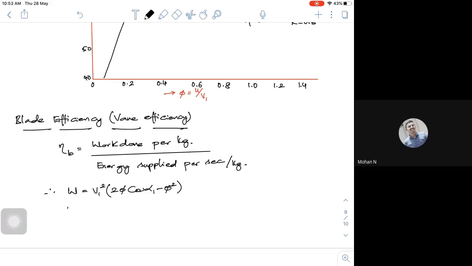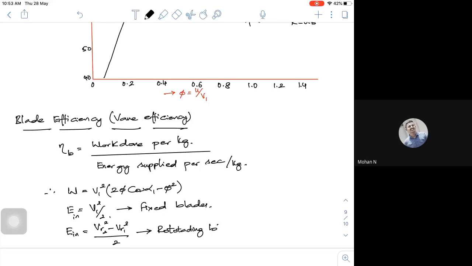This is actually your V1 square by 2. What is the energy input to the rotor blades? See, this is the energy input in the fixed blades. What is the energy input in the rotor blades? It will be in terms of your relative velocities, that is VR2 square minus VR1 square by 2. This is for rotating blades.